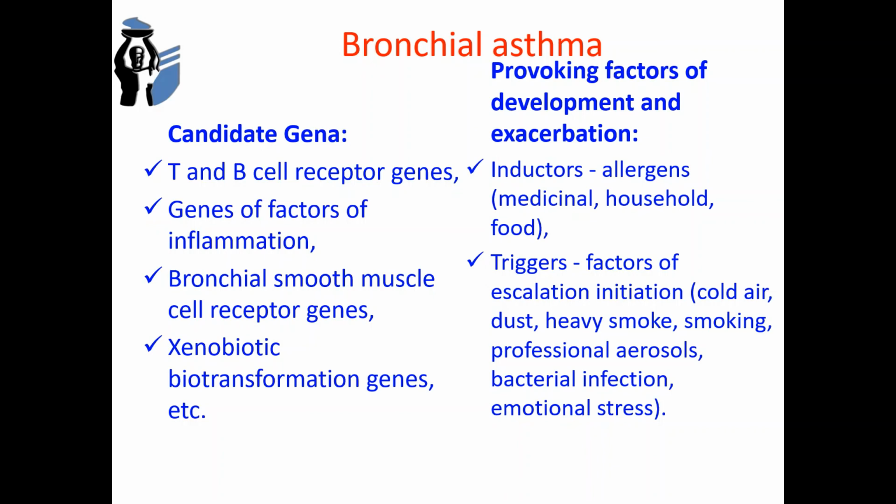Candidate genes are T and B cell receptor genes, genes of factors of inflammation, bronchial smooth muscle cell receptor genes, xenobiotic biotransformation genes, and so on. Provoking factors of development and exacerbation.